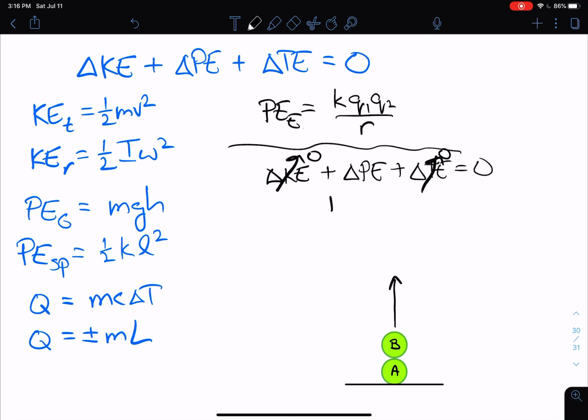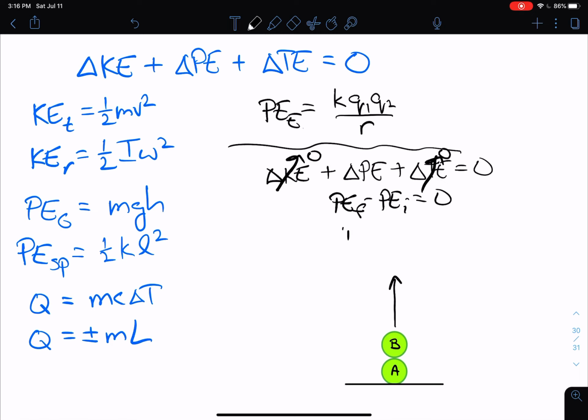Initially, what I've got is only electrostatic. So this is PE final minus PE initial equals 0.